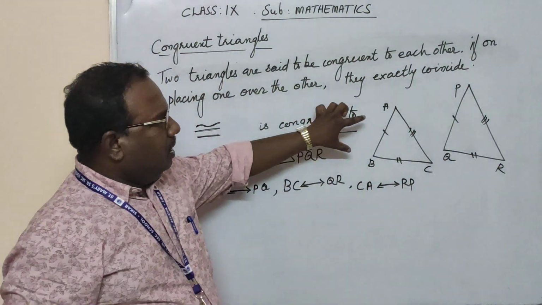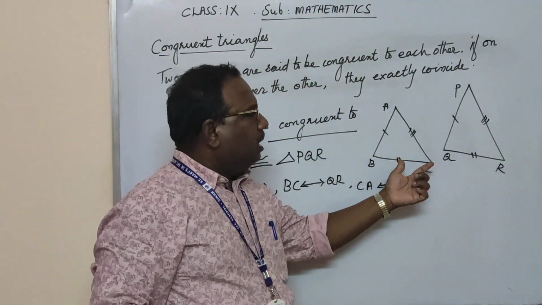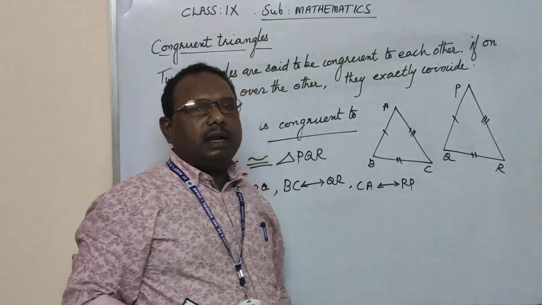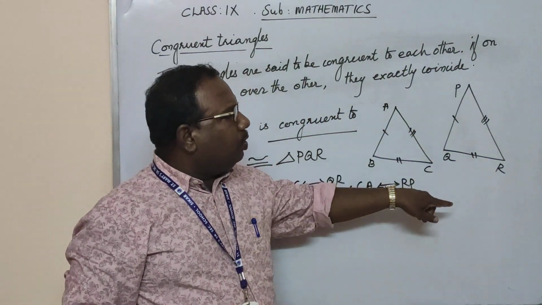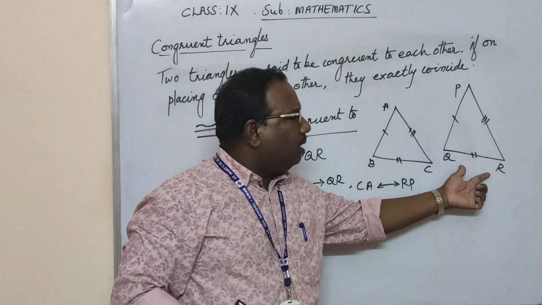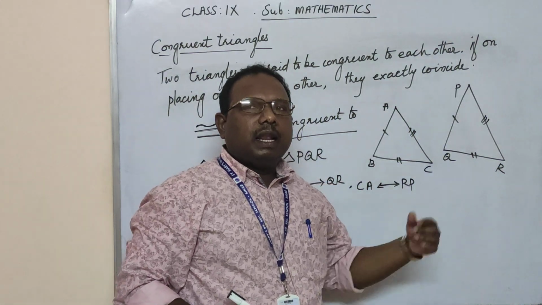That is AB, BC and CA of the first triangle are congruent to PQ, QR and PR of the second triangle respectively.